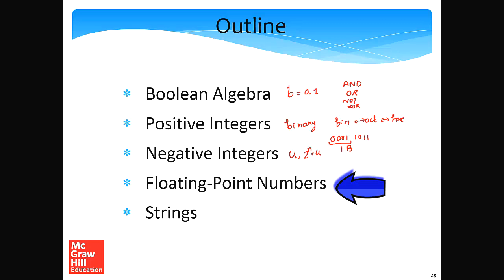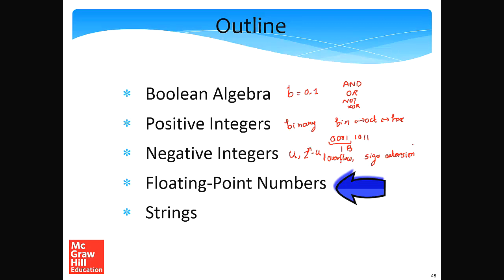So then we discussed some properties of this number system, which is what are the conditions for an overflow. That's very important. And we also discussed the issues of sign extension, which is that when you convert a number from an n-bit system to an m-bit system where m is greater than n, what do you need to do?